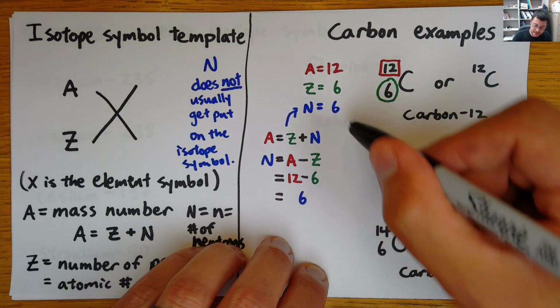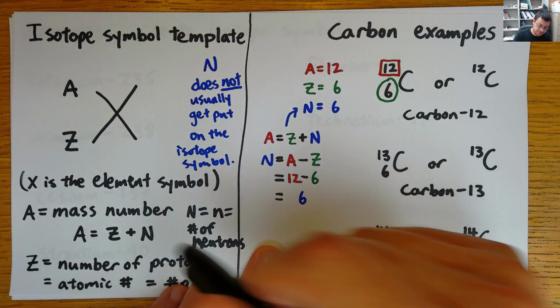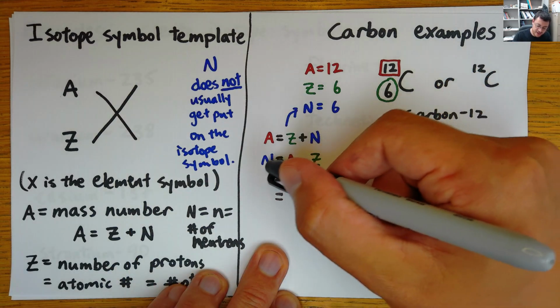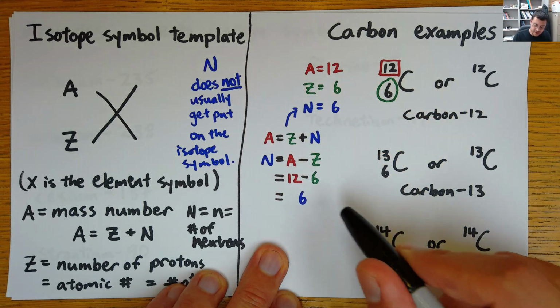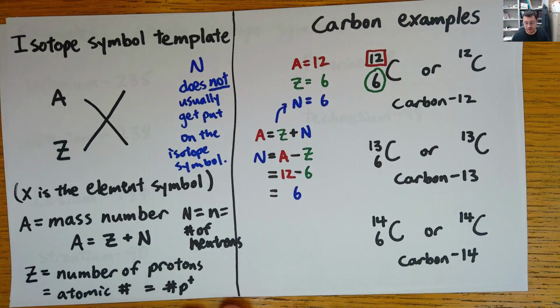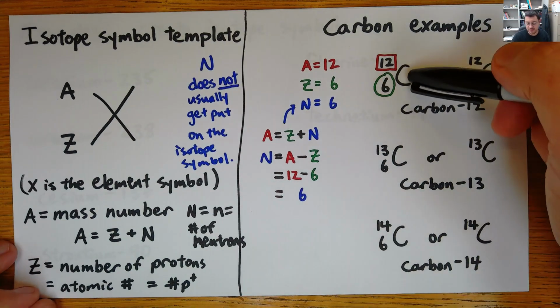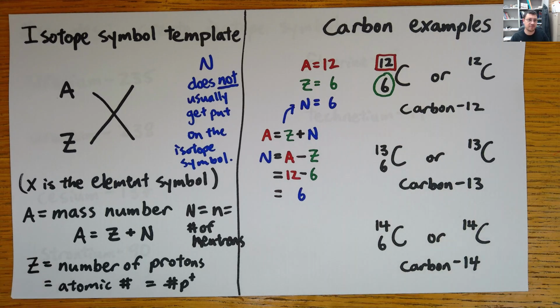If you're interested in calculating the number of neutrons, you would use this formula here. You would rearrange it so that N equals A minus Z, 12 minus 6, and we get 6. All right, so for carbon-12, the dominant form of carbon on Earth, it has the same number of protons as neutrons.